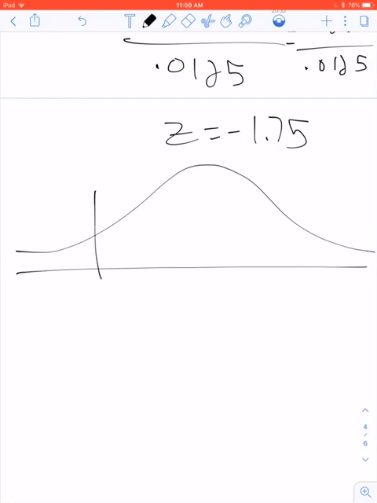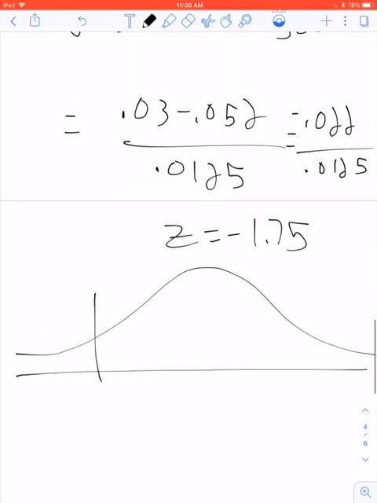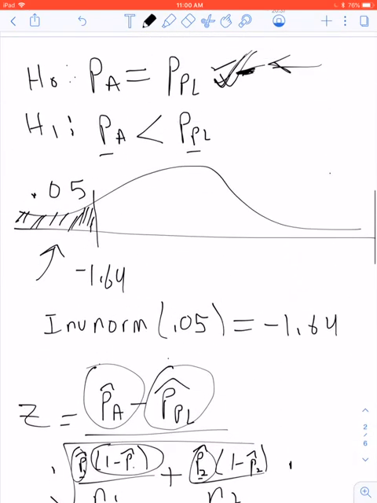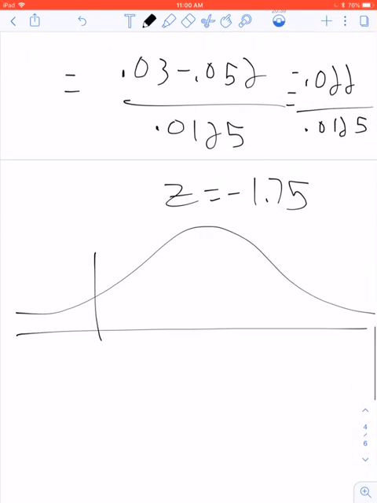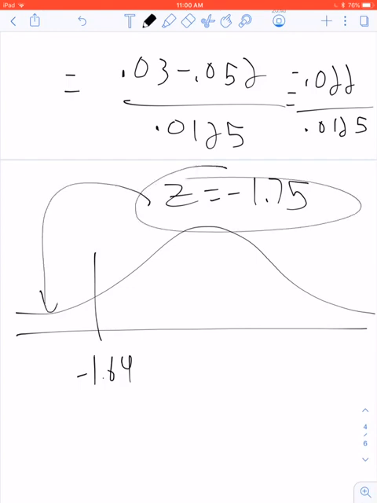We said the lowest 5% of test statistics would be negative 1.64, negative 1.64 standard deviations below average. And it turns out that this test statistic is negative 1.75 standard deviations below the average.